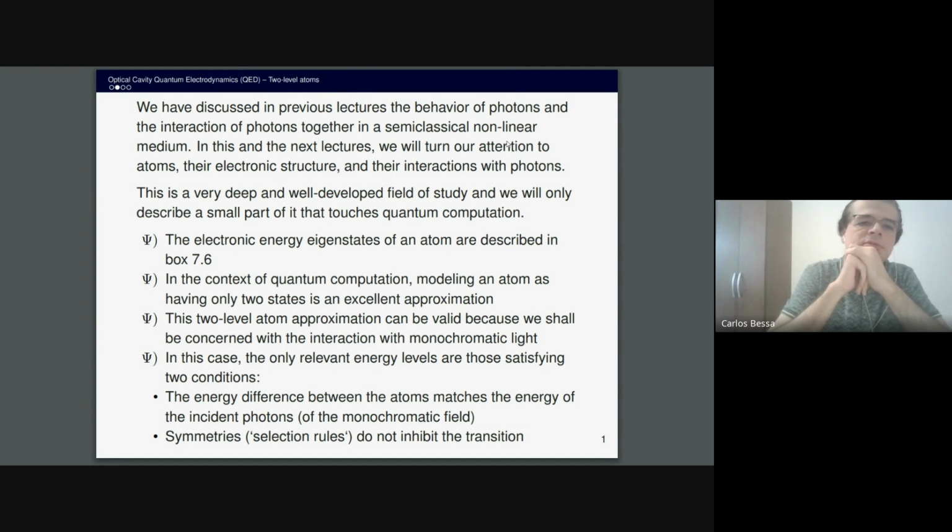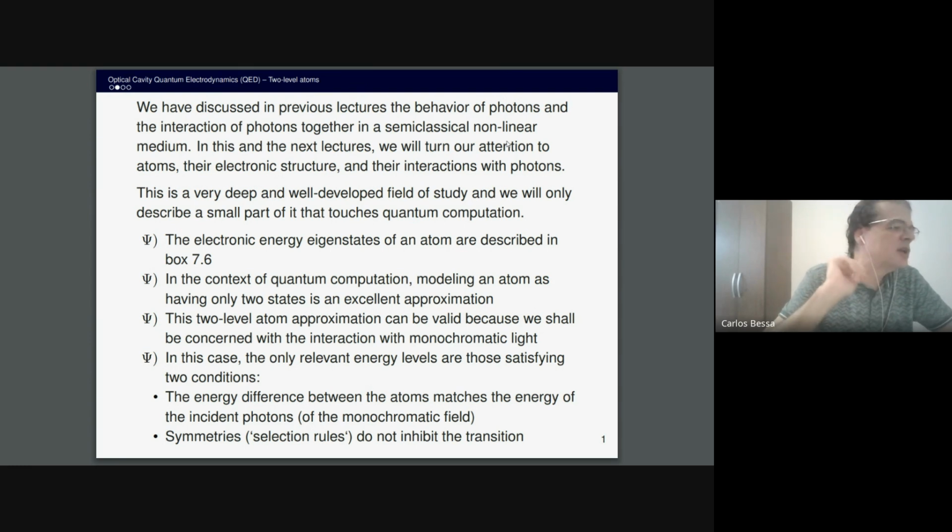We'll do the computation by making these photons interact with atoms that in the future we put inside this cavity. But to do this, let's first understand a little bit how to deal with solutions of the Schrödinger equation when we are dealing with atoms.